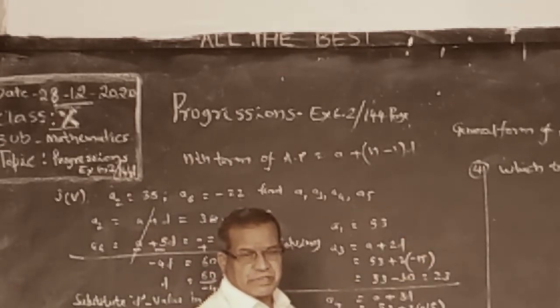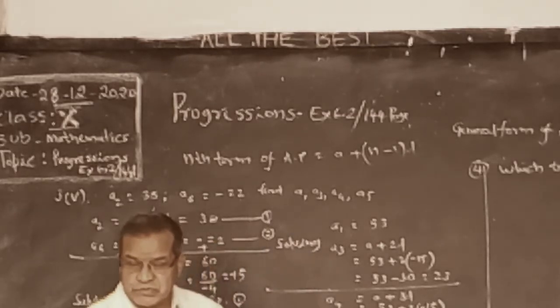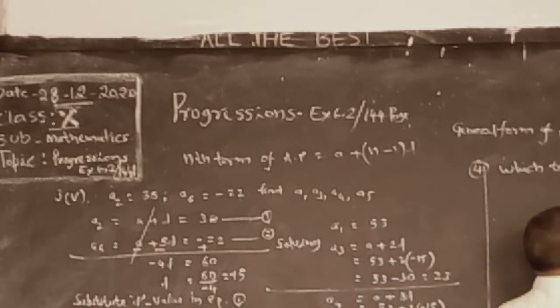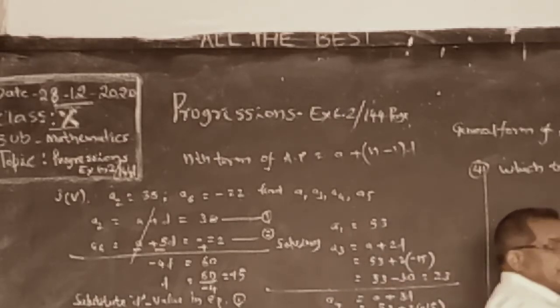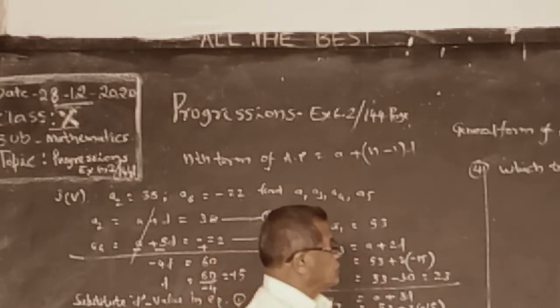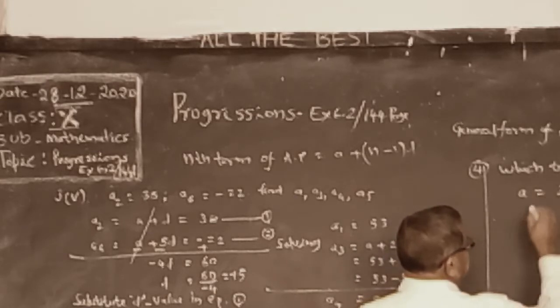Nth term of APs. The nth term is given as 78. The series is given: 3, 8, 13, 18. In this we know the first term a is 3.